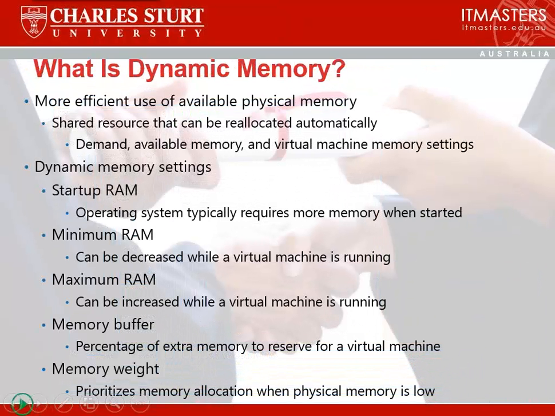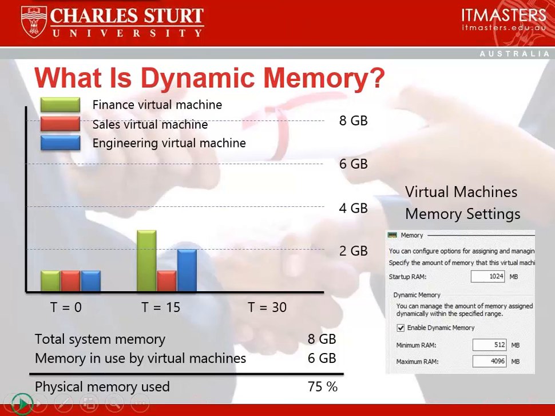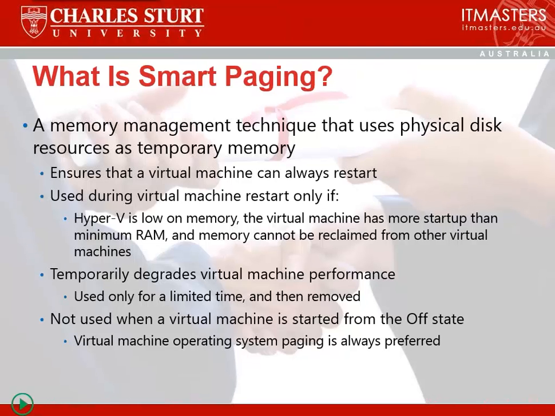Dynamic memory, I did explain it to you. This is again slides for you to understand it better. What dynamic memory is, how dynamic memory works. Smart paging, what is that? It is basically a memory management technique that uses physical disk resources as temporary memory, which will help you to ensure that your virtual machine can always restart.